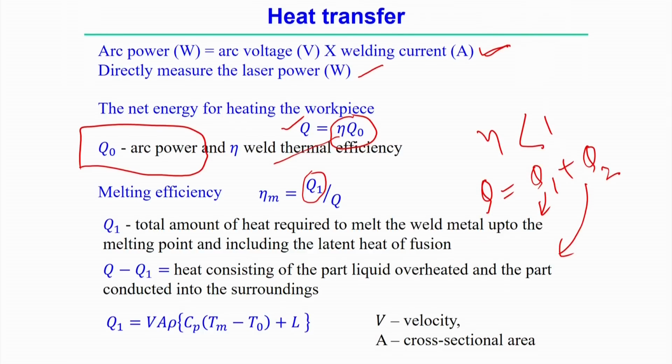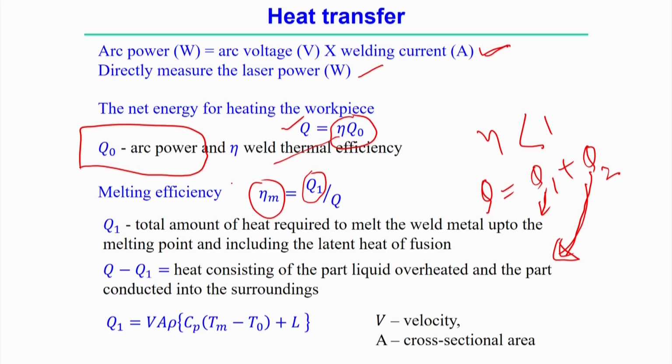So, the liquid is overheated, and part of the heat is also conducted to the surroundings, and that can be considered a loss. So, Q2 accounts for overheating above the melting point temperature plus the heat conducted to the surroundings.